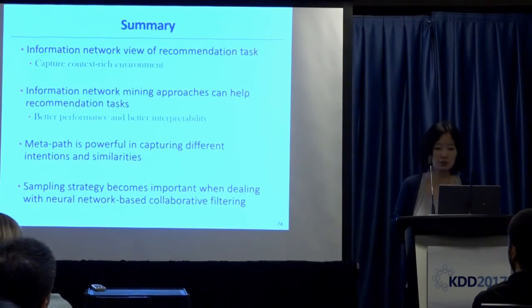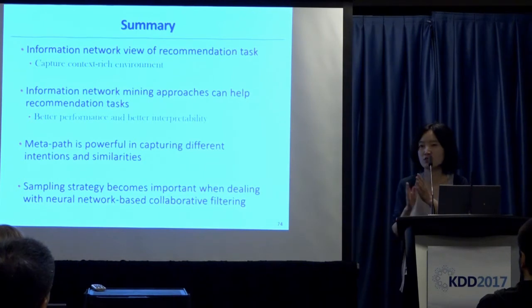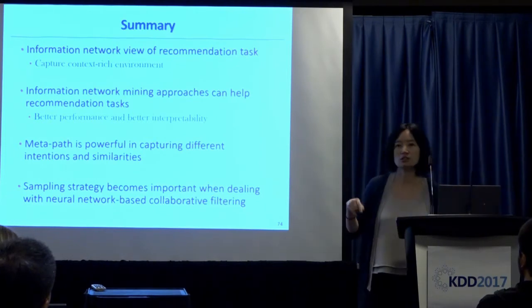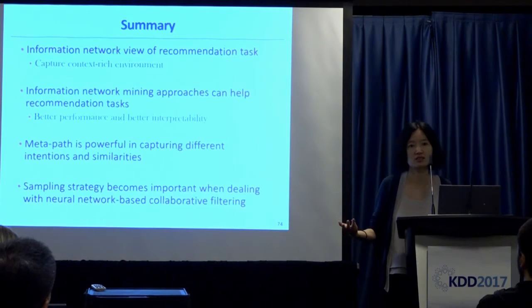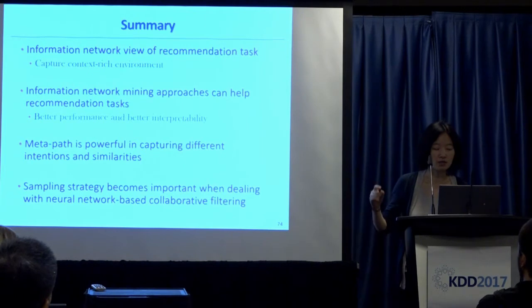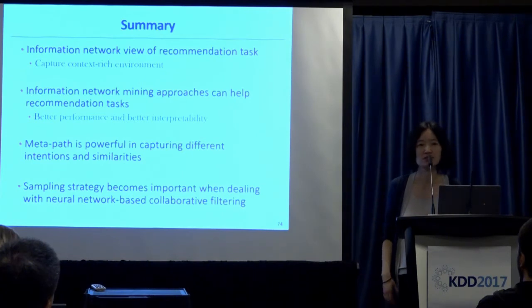Also, MetaPath is a very powerful tool to regularize this information, when we want to differentiate what type of information we have. And next, when coming to more complicated collaborative filtering, like neural network based collaborative filtering, the sampling strategy becomes so important. For that one, we have just begun the journey. There are a lot of things we can do in the future.